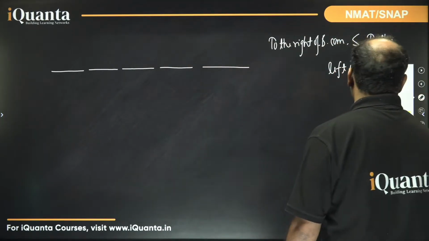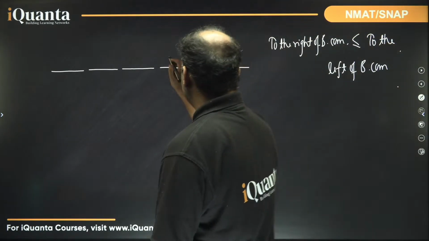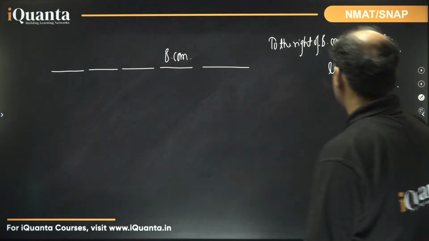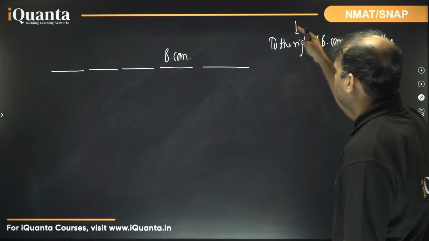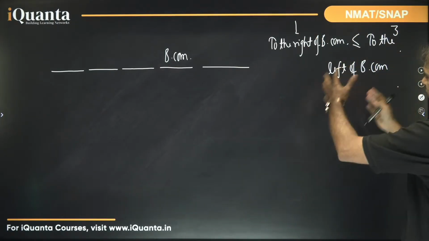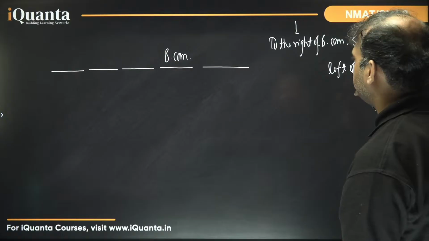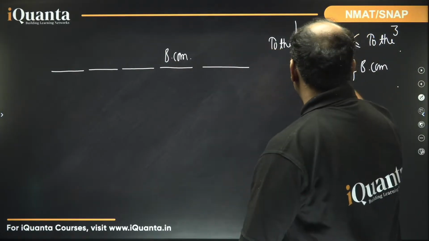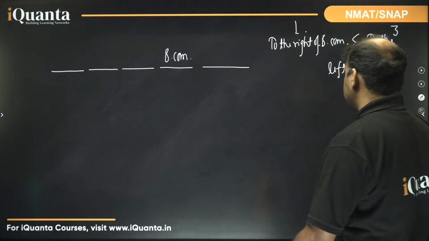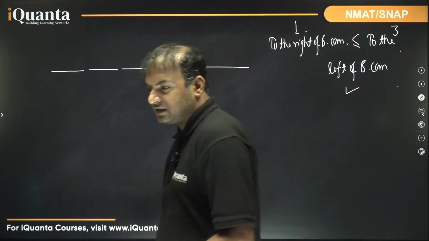Now, if BCom person is here, then how many people are to the right of BCom person? We'll say 1, right? And how many people to the left of BCom person? We'll say 3. So this condition is going to be satisfied. To the right of BCom is 1, to the left of BCom is 3. So this possibility is correct, right guys?